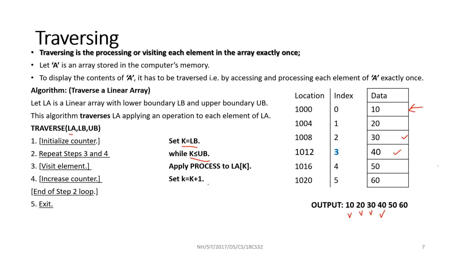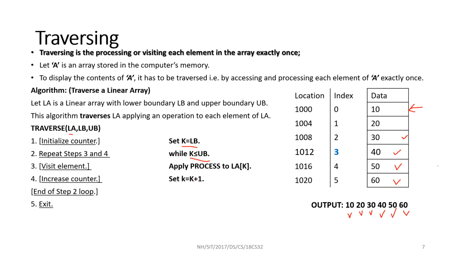Incrementing the value of k, 3 becomes 4. 4 is less than or equal to UB 5, correct. The element in that place is 50, and 50 is printed. Index incremented, 4 becomes 5. 5 is less than or equal to 5, true. The element in that place is 60, the process is applied and 60 is displayed. 5 is incremented by 1 and becomes 6.